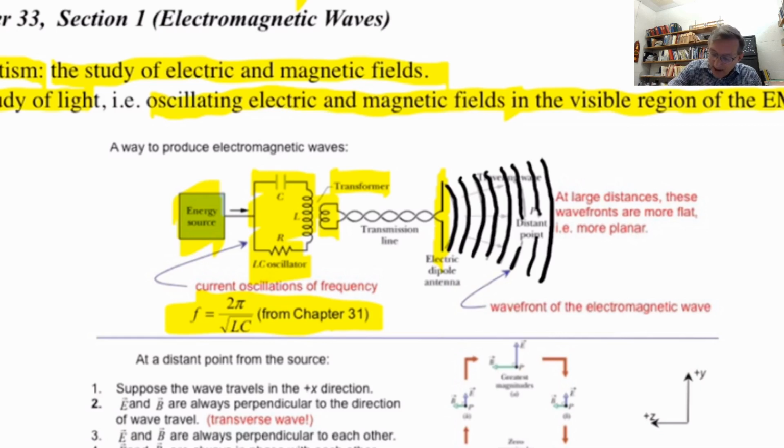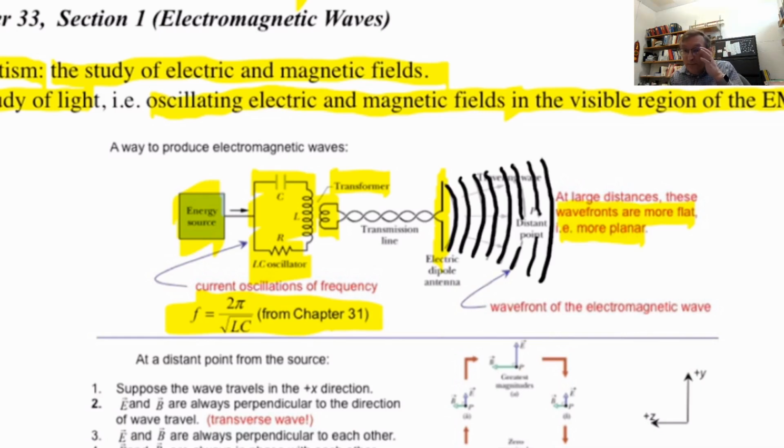We would be studying electromagnetic waves that are quite distant from their source, and so their wave fronts are flat or planar. And you have what are called planar electromagnetic waves. The mathematics is just a little easier to deal with.